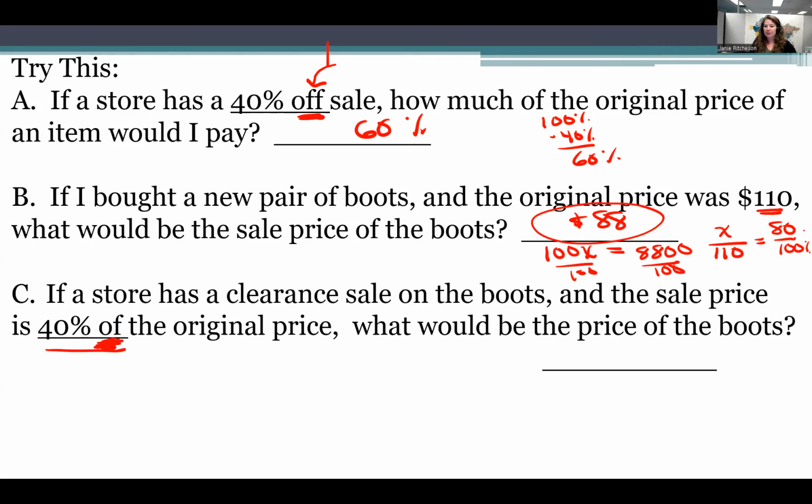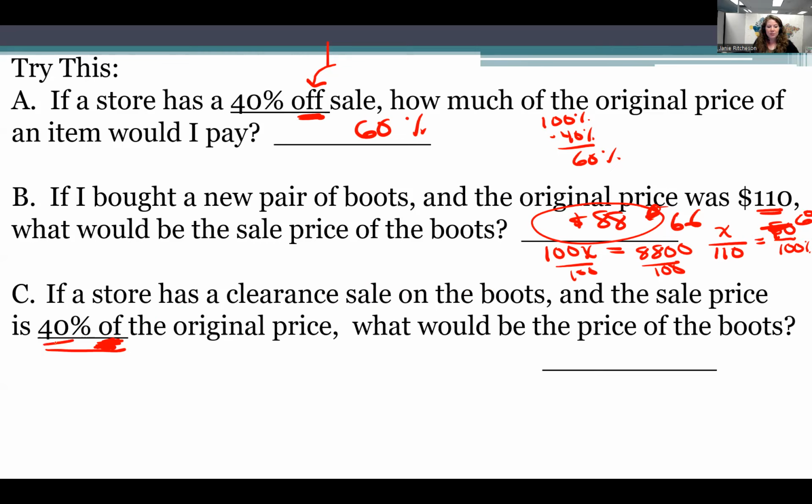Oh, I did 80% right here. I should have done 60%. Whoopsie. So that should be 110 times 60. Oops, I have the wrong answer here. This should be 66. I don't know why I did 20 or 80. I should have done 60%.